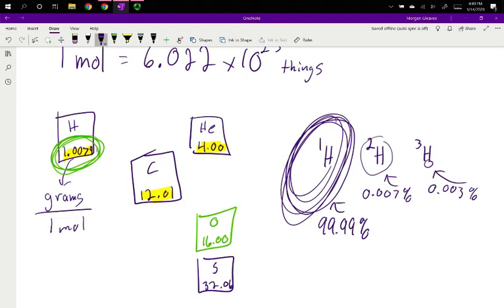This is actually really useful because when meteorites crash to Earth, if we find them, we'll sample to see what the isotope mixture is. And so if we find it has a bunch of carbon, we'll measure the average weight of carbon, and if it's a little bit higher, it must have come from this one planet. If it's a little bit lower, it must come from a different one.